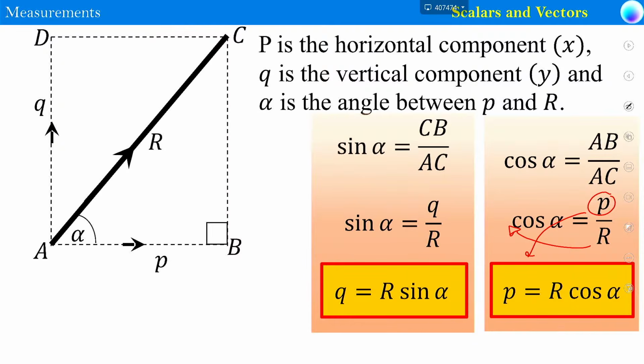The interesting thing, we have two pieces. This is called the horizontal component, and this is called the vertical component.